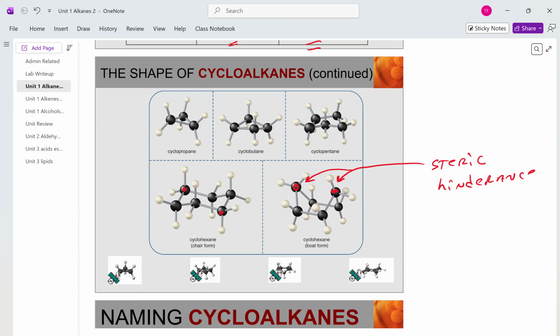Now, molecules don't like to be close to one another. They'd like to be as far apart as possible. So when we start getting them close together like this, that's raising the potential energy of that molecule. Hence, it's not as stable. So this is more stable.